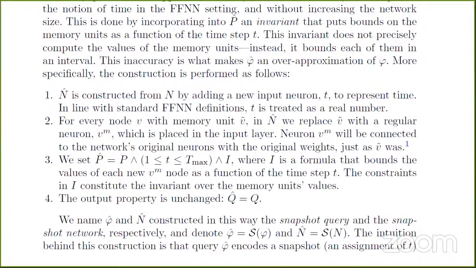But I'm just trying to explain what these three parts mean. The first part is the constraint that you had originally on the original input neurons. The second part is the constraint on the T neuron, and the third part is a constraint on the memory neurons that you have added as step two. The output, of course, does not change.